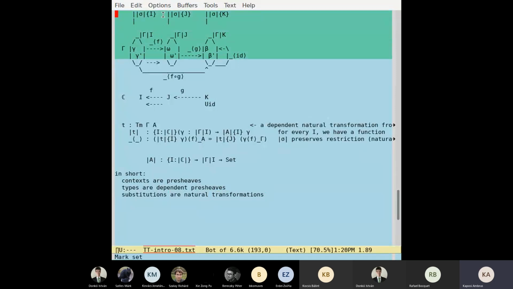You can think about this, and then terms are just dependent versions of them. And then natural transformations.